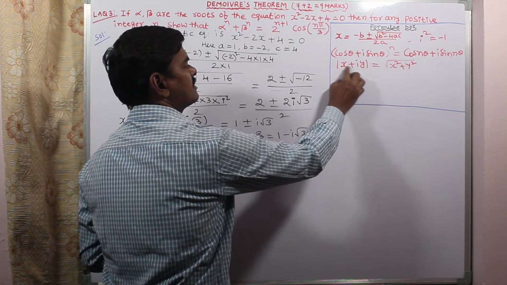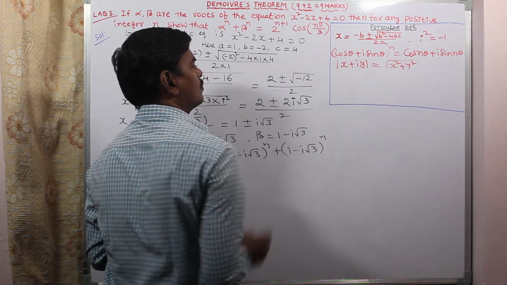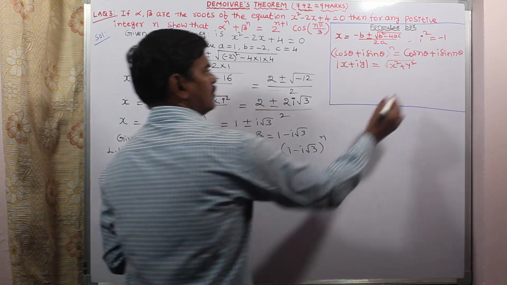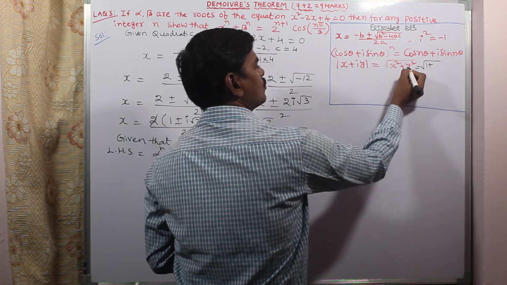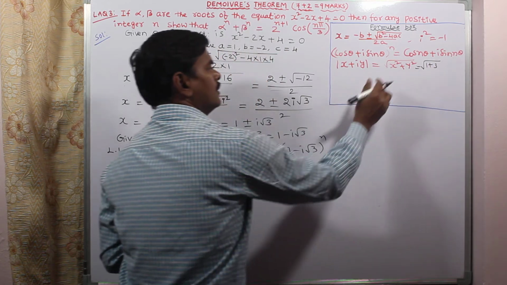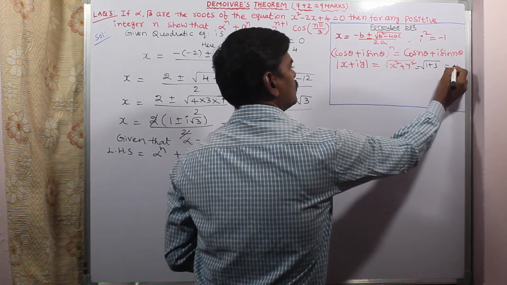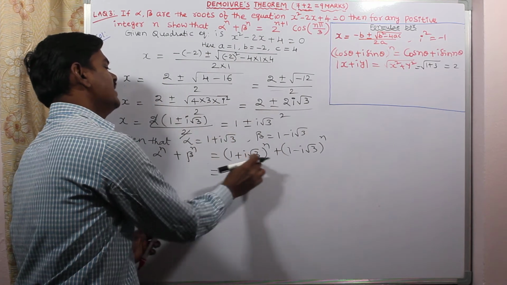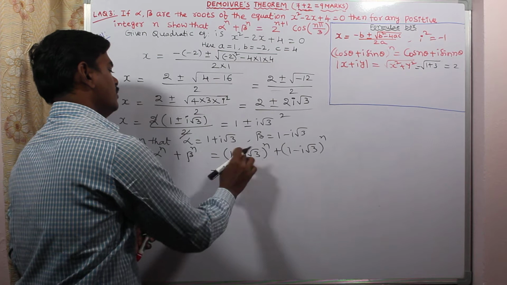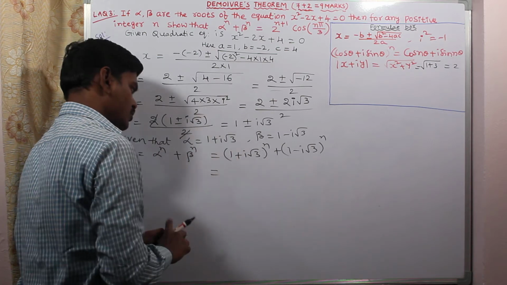On substituting, we get root over 1 square plus root 3 whole square, which is 1 plus 3, 4. Root 4 is 2. So we need to go for multiplying and dividing by 2. Everywhere we have to go for multiplying and dividing by 2.